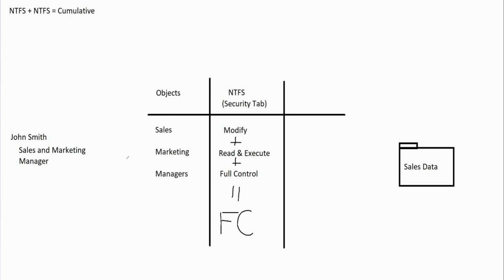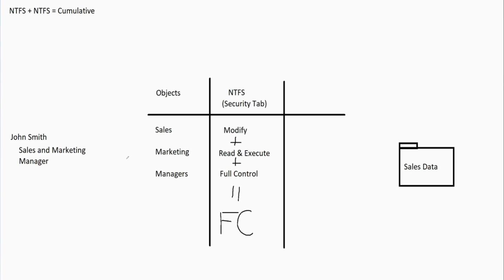The sales department can eat apples, the marketing department can eat oranges, and managers can eat pineapple. John Smith is part of sales, marketing, and managers, so he can eat all the fruit: apples, oranges, and pineapple.